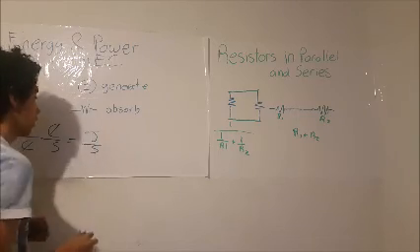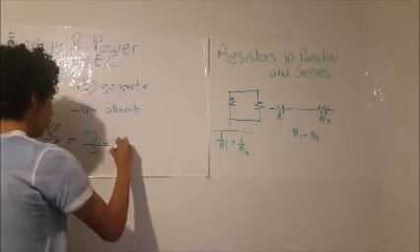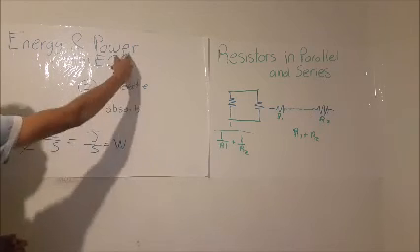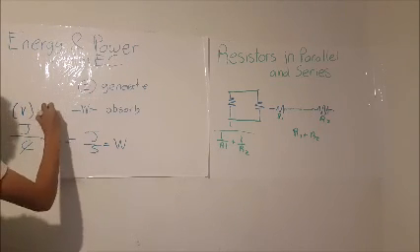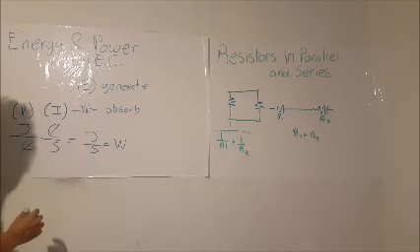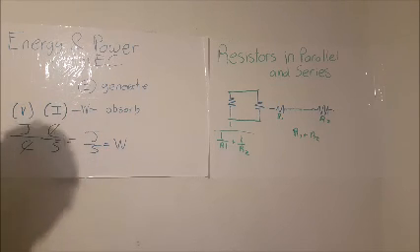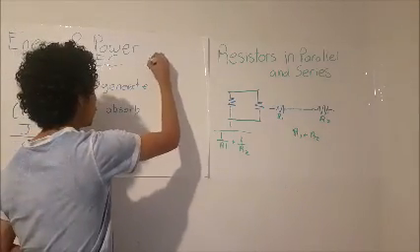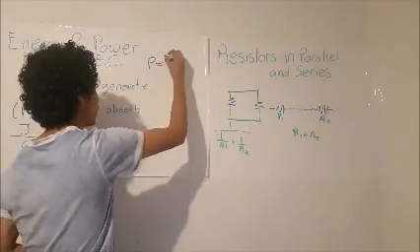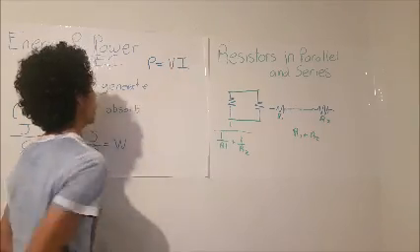Now, joule over second is the same as watts, and watts is the unit of power. So when we multiply voltage times current, we get our power. So we get this formula: P equals V times I.